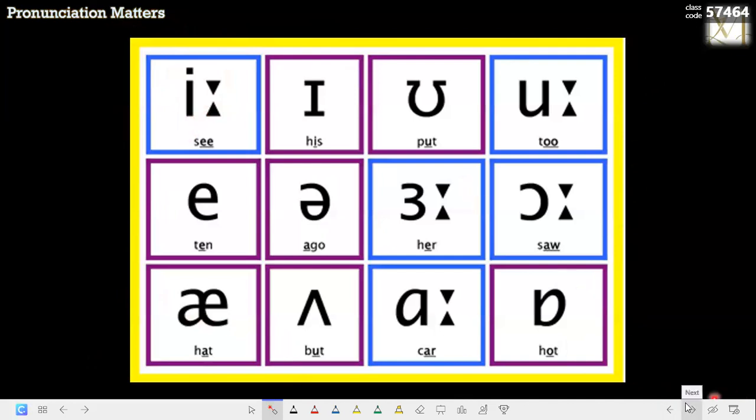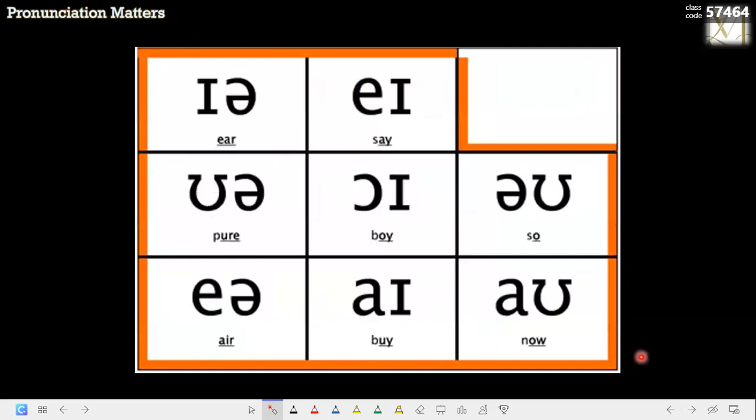Let's have a look at the diphthongs in English. And as you know, diphthong means 2 vowels. You will notice we have 8 diphthongs in English.